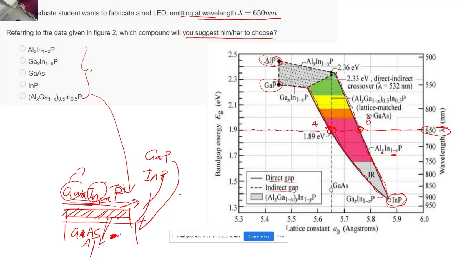Now can you guys please help me in solving the question? Just answer me which of the points you will choose, point number A or point number B, and why. I will lead you towards the answer.